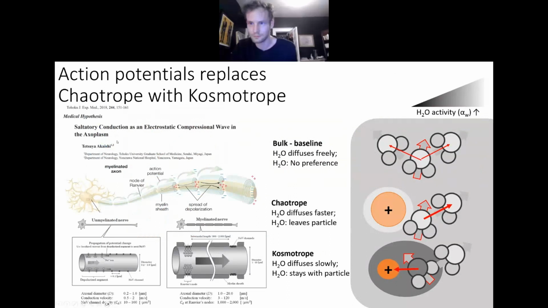The scientists in Japan wrote this paper, Saltatory Conduction as an Electrostatic Compressional Wave in the Axoplasm. And what they've found is that if you have unmyelinated nerves, the voltage gated ion channels work as expected, and they can sense the voltage nearby and continue the action potential.